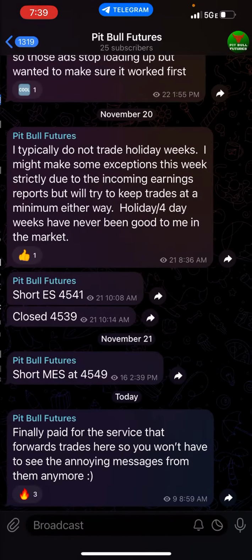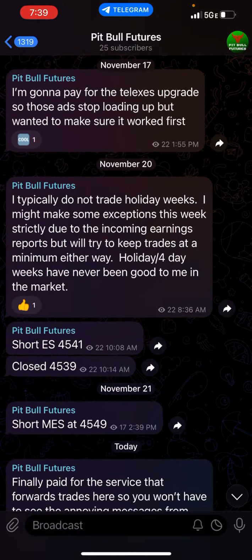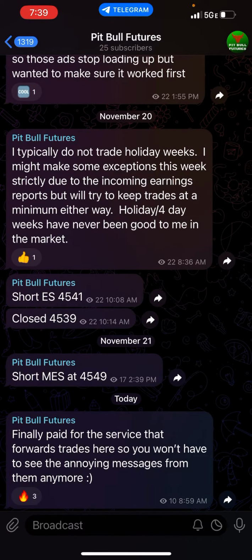And then Pitbull futures, this is where I'm actually going to put whenever I'm entering a futures trade. If I'm entering these micro trades like this MES, those are usually longer term swing trades. And if you want to trade SPY or QQQ instead of this, because you just want to focus on options, you can. I would highly recommend using futures. They're much more lucrative and they make a lot more sense from a tax perspective and from a getting funded perspective and a lot of other perspectives.